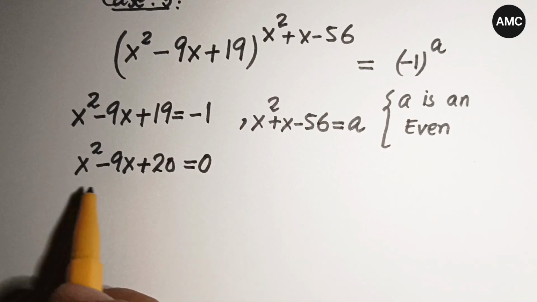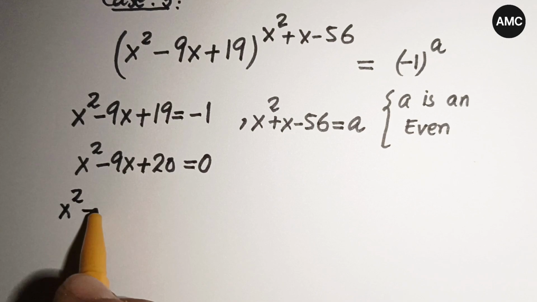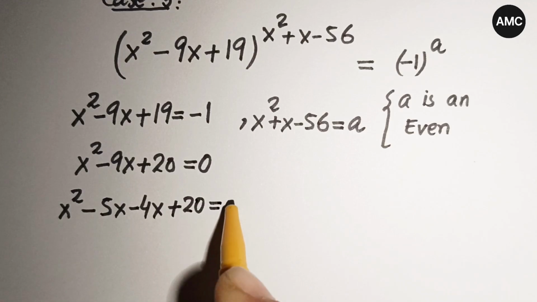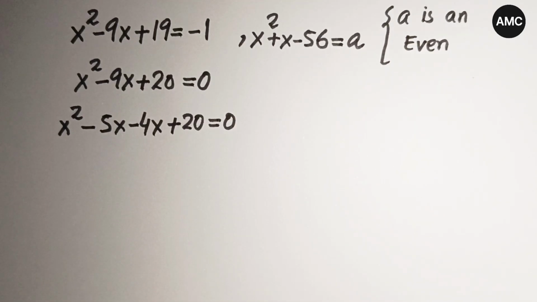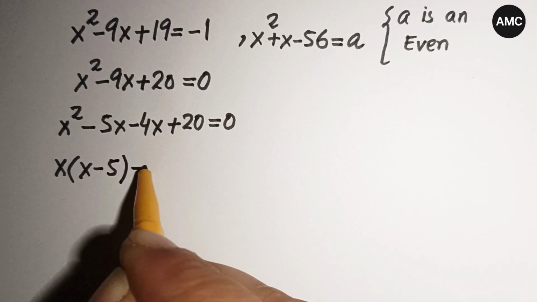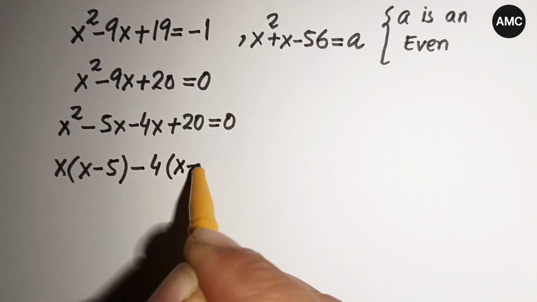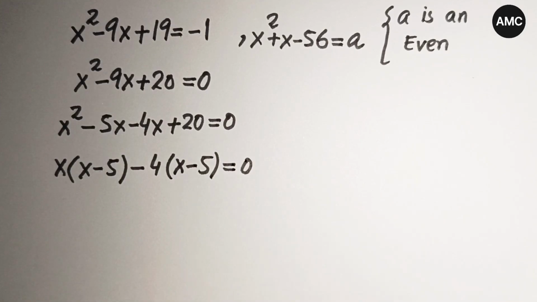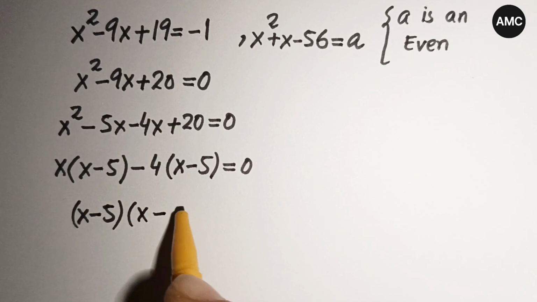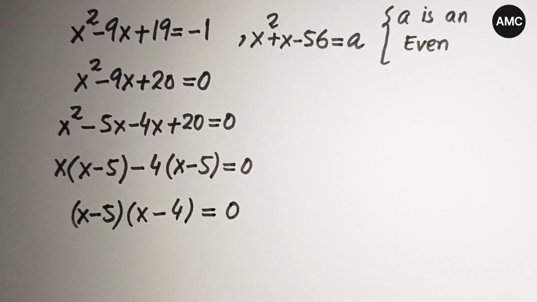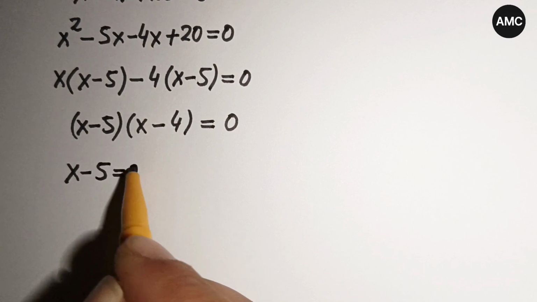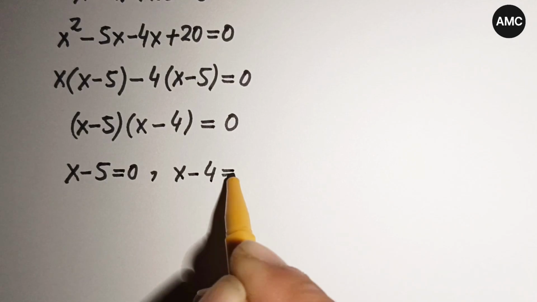Now solving this quadratic equation, we have x² − 5x − 4x + 20 = 0. Taking x common, we have x(x − 5), and taking −4 common, we have −4(x − 5). So x − 5 is our first factor and x − 4 is the second one, equal to 0.